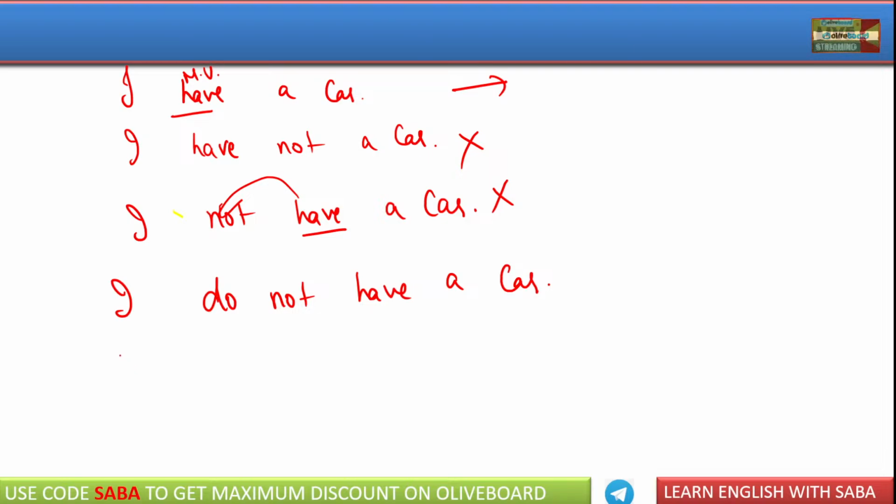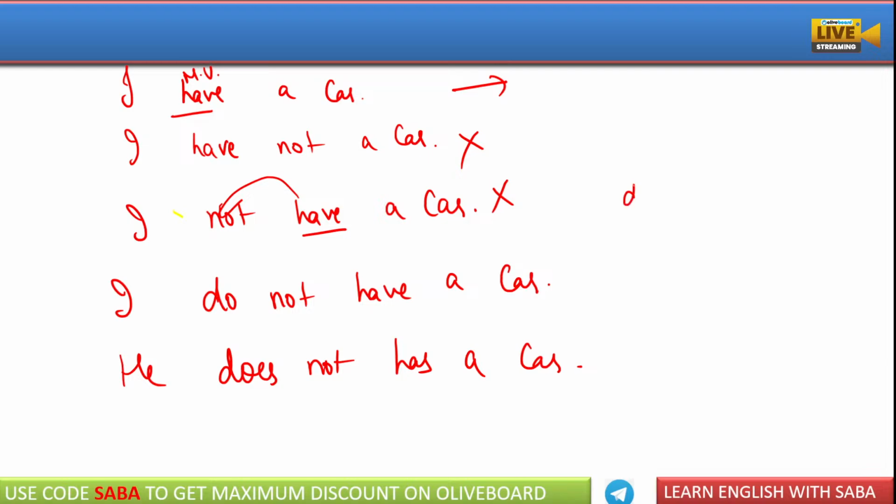Now can I say he does not have a car? Is it right? Quickly. He does not have a car. Is it correct? No. मिस्टर इनोसेंट अभी यहाँ पर स्ट्रक्चर के बाद गलती होगी तो बी रेडी फॉर 2000 रुपीज पेनल्टी.